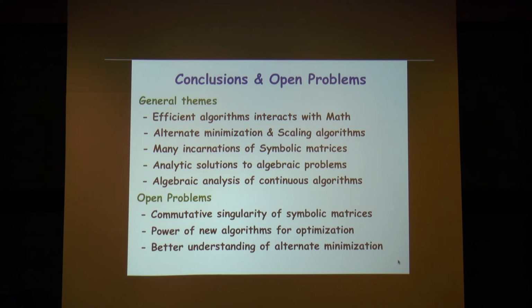We saw that symbolic matrices really appear in lots of places in various forms, and this combination of forms is useful. And the point I made in the beginning is that the problem we started solving was an algebraic problem, and nevertheless the algorithm for it was an analytic algorithm, a continuous algorithm, this alternate minimization. And furthermore, the analysis of this continuous algorithm used algebra.